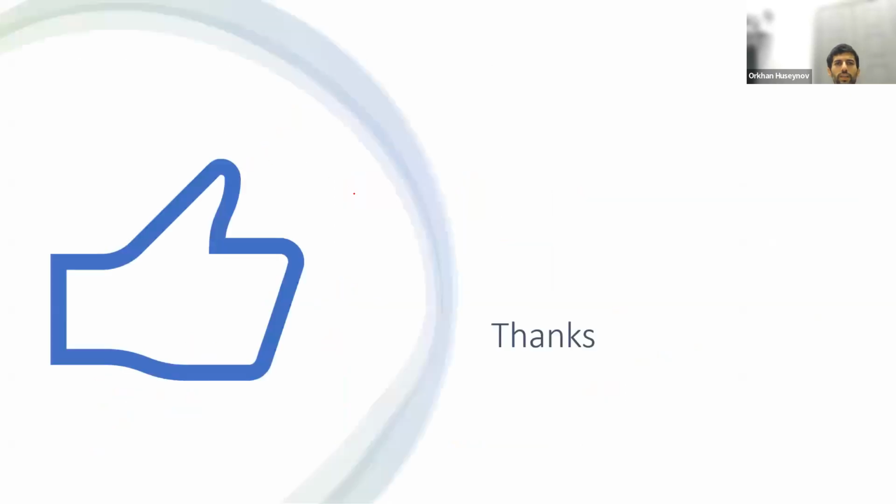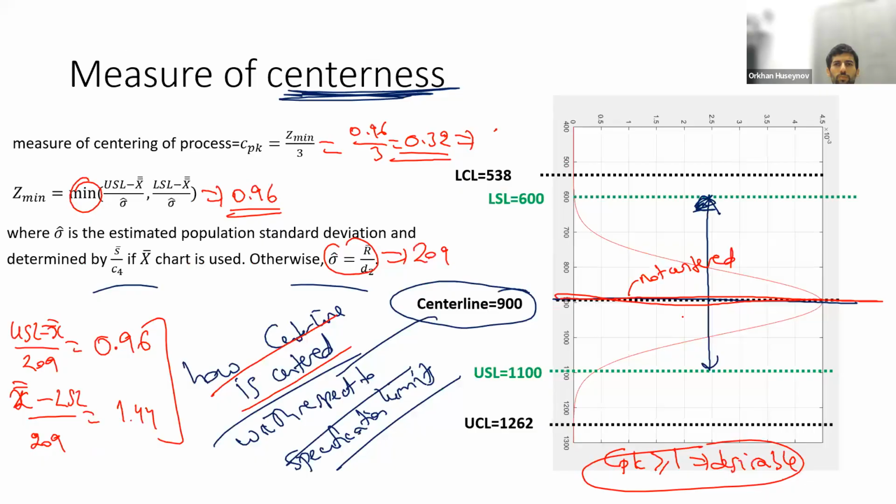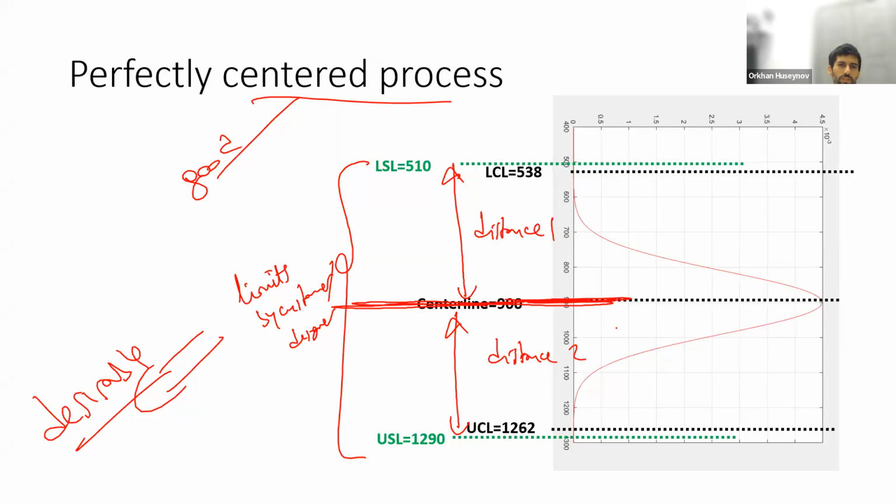But the other case is, as I showed in the previous one, it is not centered and it's not good. So we are checking two cases. It should be centered, and so that we check both together.